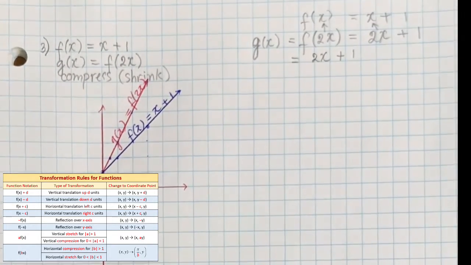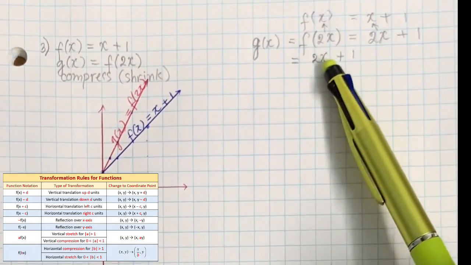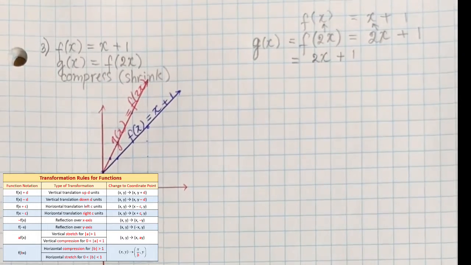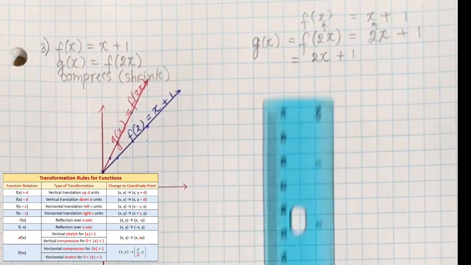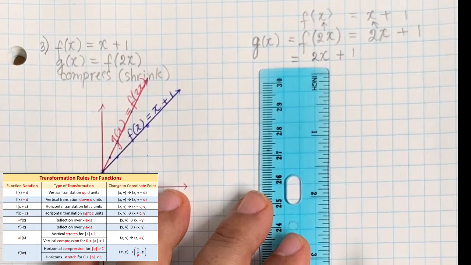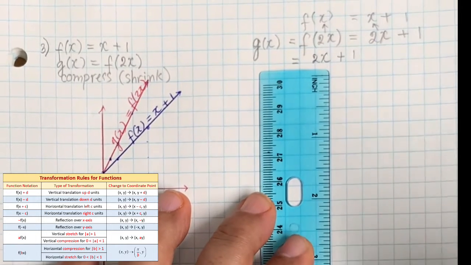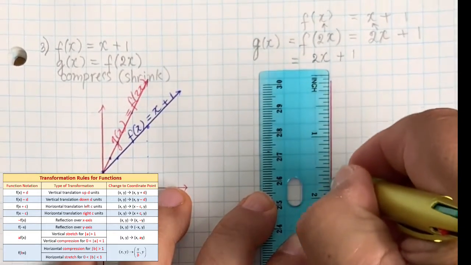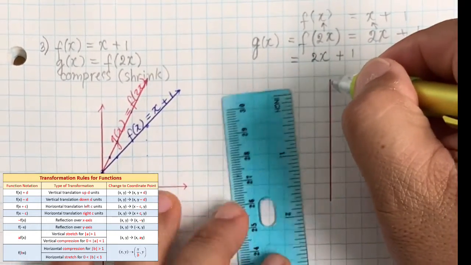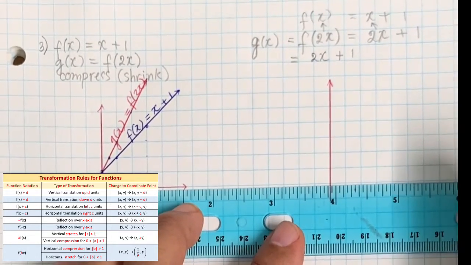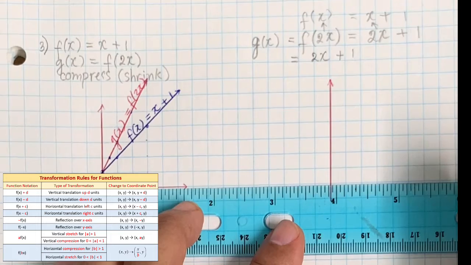Now you can graph both of them by using this and that instead of using the rule. But again, your teacher is going to be mad if you do this, because your teacher expects you to memorize the rules, okay?